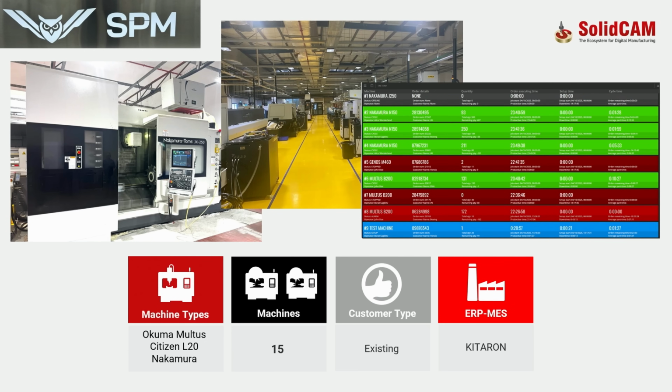Also, they have very advanced machines, like 5 Okuma Multus, 6 Citizen L20 and 4 or 5 Nakamura. The best machines in the market, a total of 15 machines.